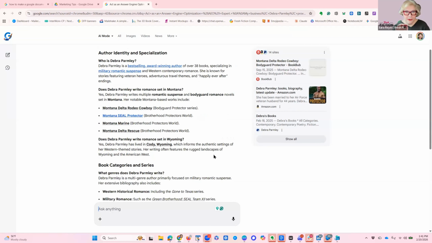Do you see how different this is? And how much more information it's giving, but it's taking it from your website, what you've already provided, what you've already worked on and used over the years.